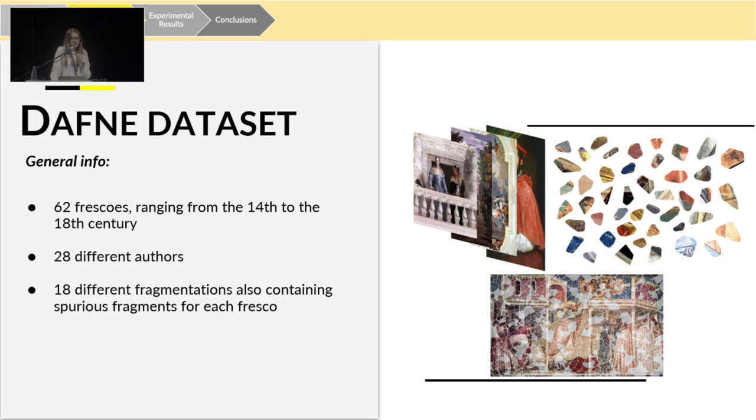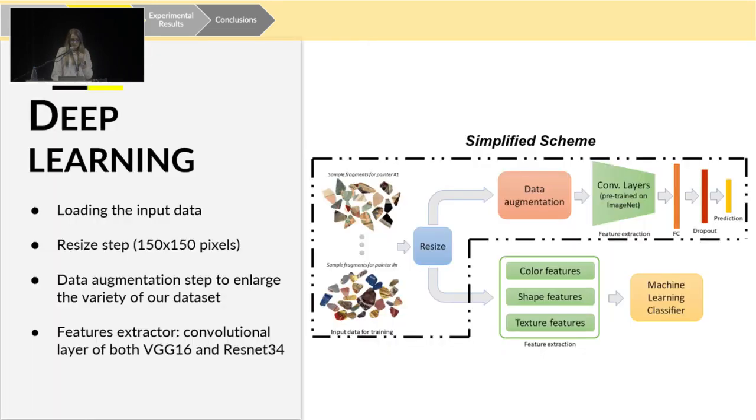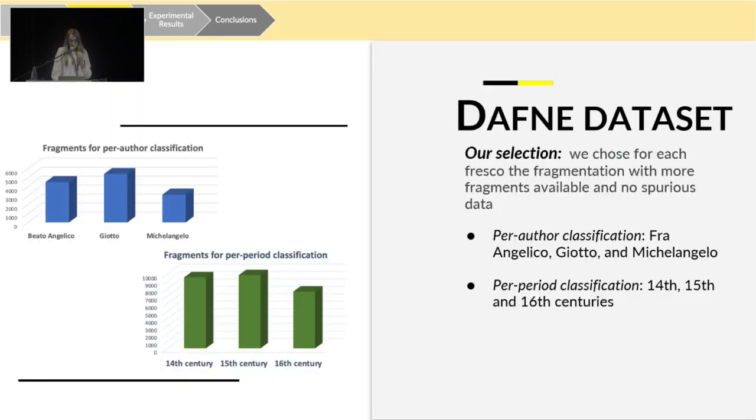For each fresco, we have 18 different fragmentations that contain spurious fragments. So we chose for each fresco the fragmentation with more fragments available and no spurious data.